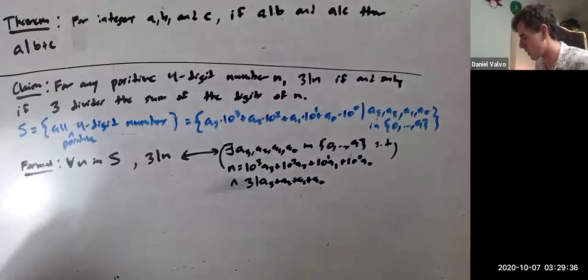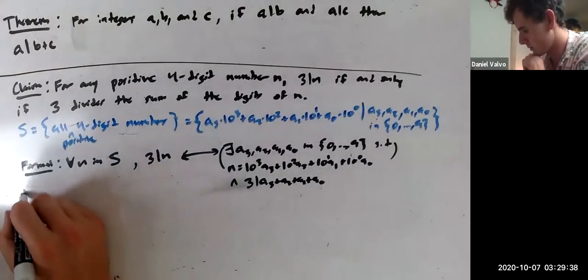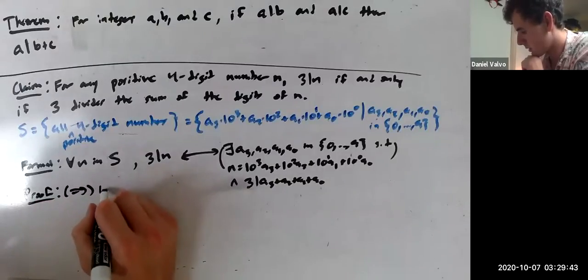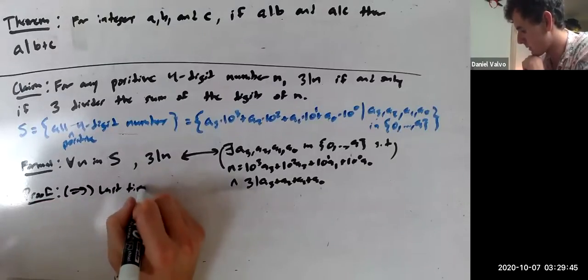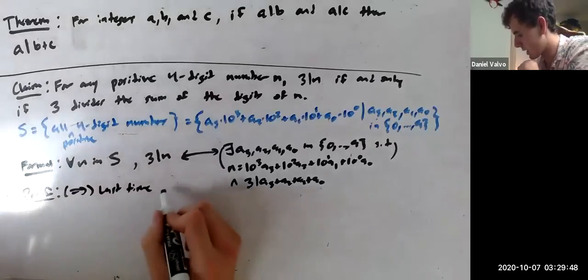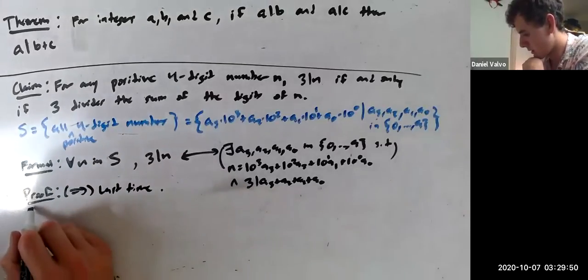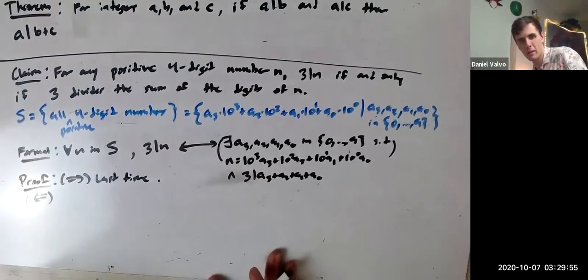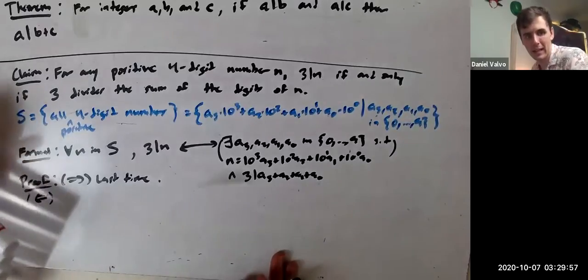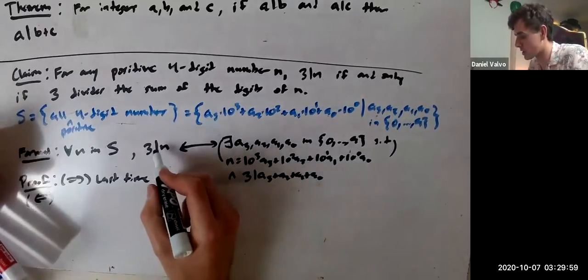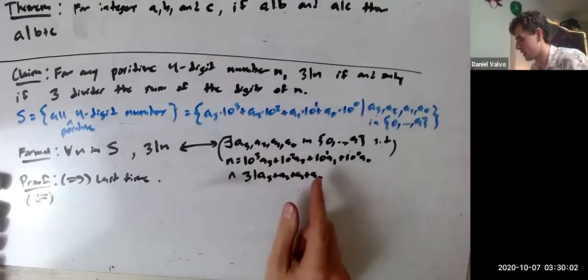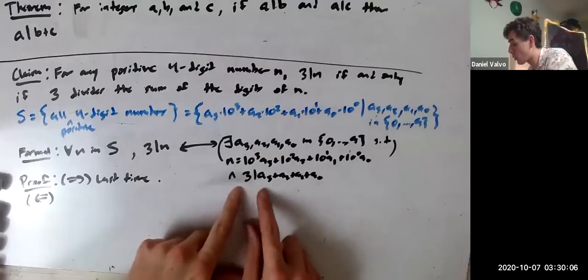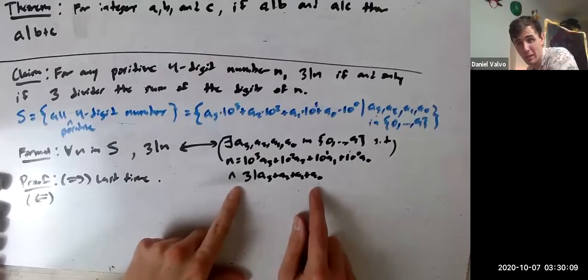All right, so our proof that way we did last time. Done. This way we'll do right now. So last time we proved this direction, which means last time we proved that if 3 divides n, 3 will divide the sum of the digits.